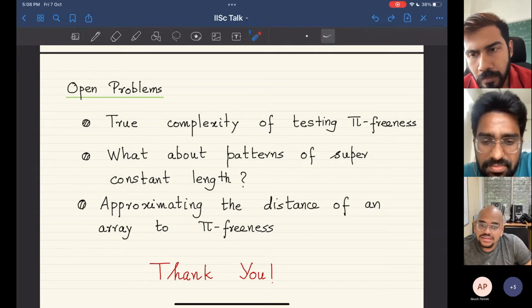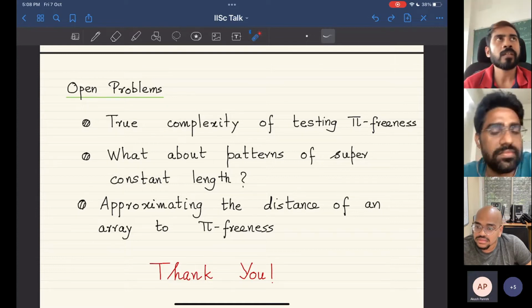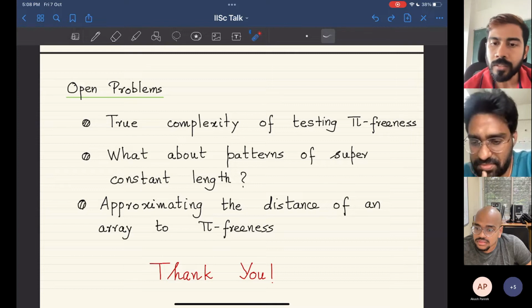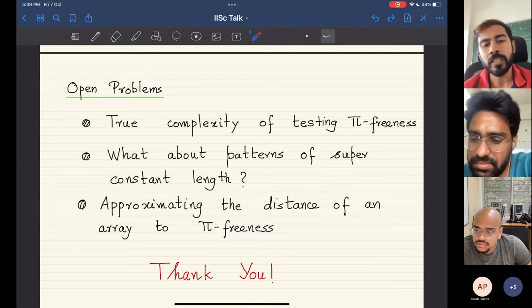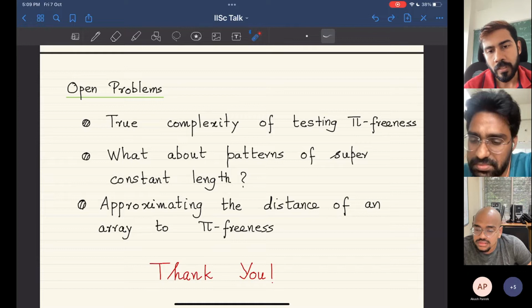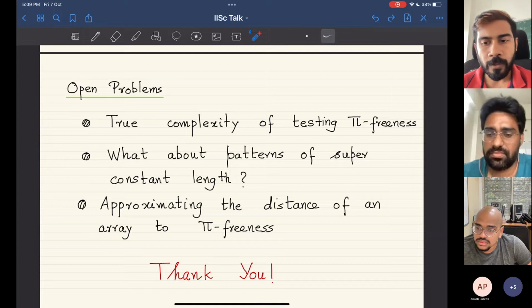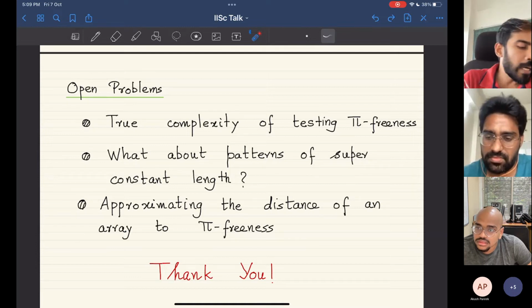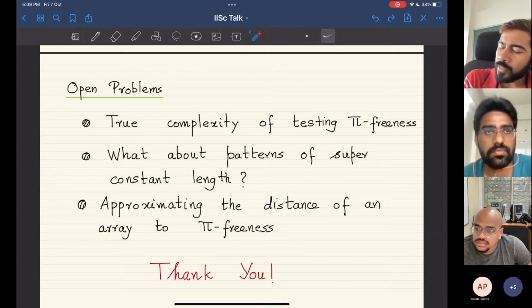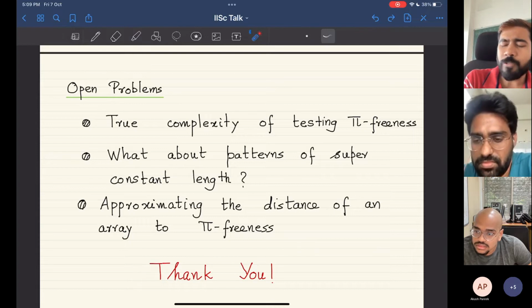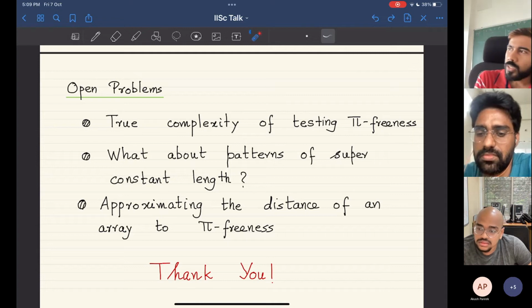And did you consider other distances, or is it studied, other than Hamming distance? So in general, in this kind of combinatorial property testing, mostly Hamming distance has been looked at. However, real valued arrays of length n can also be thought of as real valued functions over the discrete domain n, right? So for monotonicity, people have considered Lp distances also.